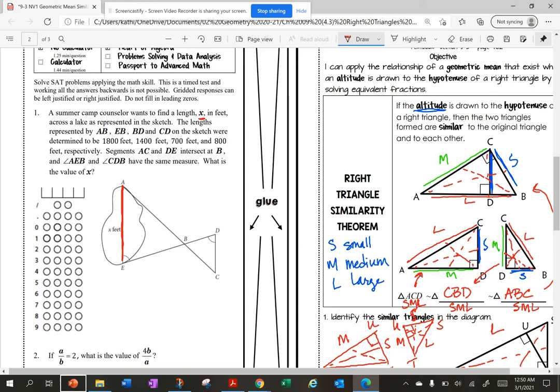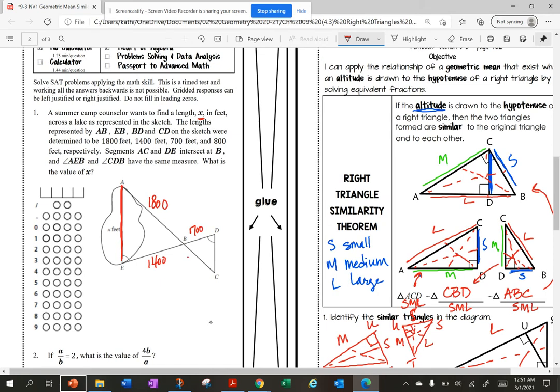A to B is 1,800 feet. E to B is 1,400. B to D is 700. And C to D is 800.